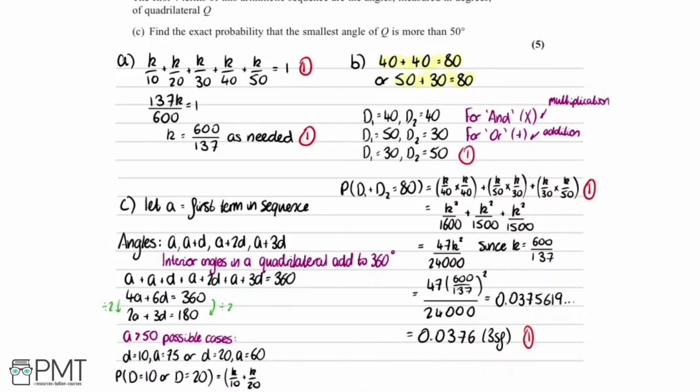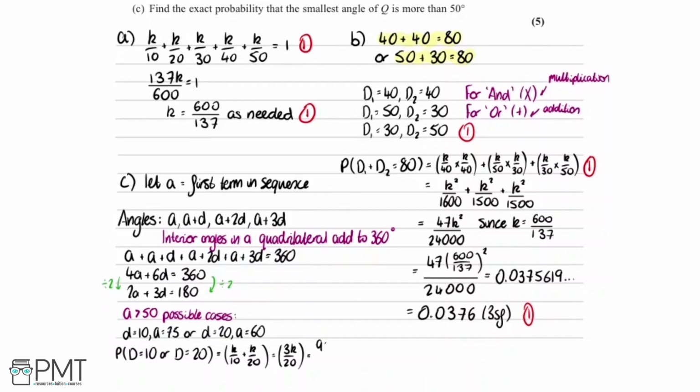Because it's 'or', we add them, and that gives us 3K over 20. Since we've used this before, K equals 600 over 137, so I'm going to sub that into the calculator: 3 multiplied by 600 over 137, all divided by 20. That gives us 90 over 137, and this right here is our final probability.